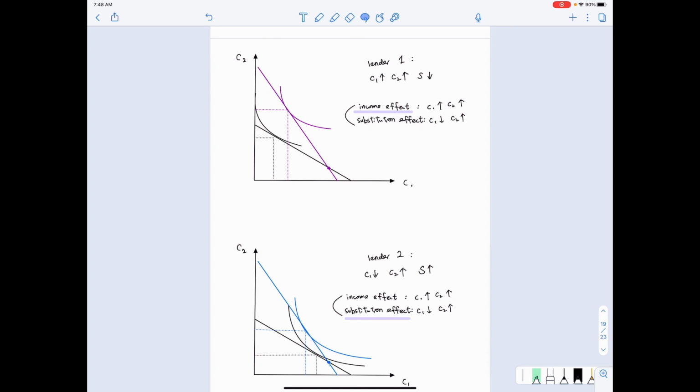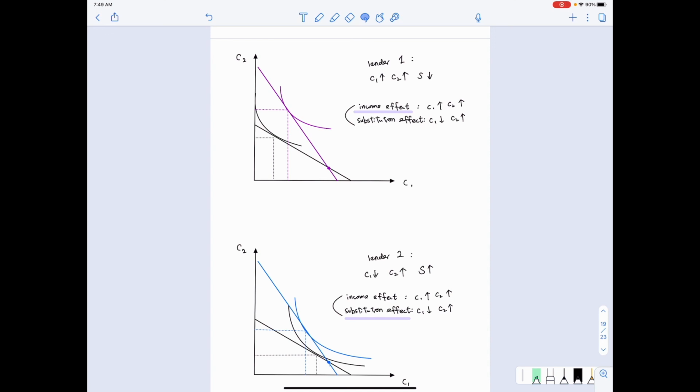If you compare the graphs of these two, you will find that the tilt of the line in both cases is quite similar, but the difference is that the first lender is an individual that saves much more than the second lender. Therefore, when there is an increase in the real interest rate, the income effect dominates the substitution effect because that individual now enjoys much more resources than the second lender.